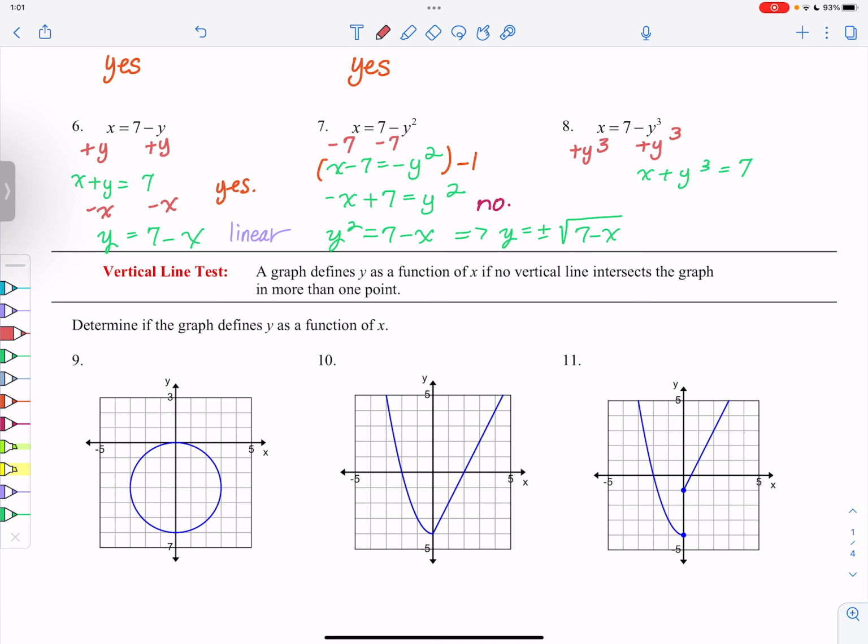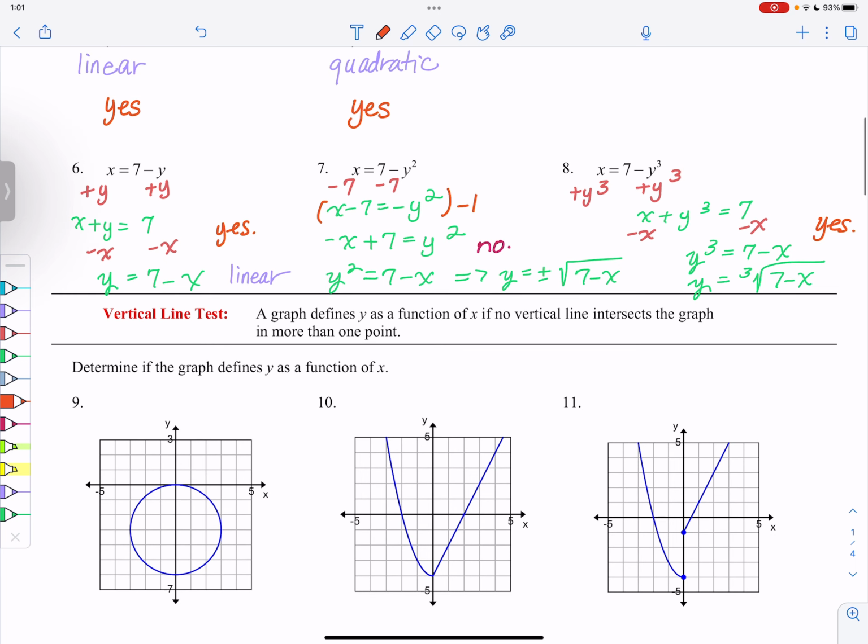And then we can subtract x. We'll have y cubed equals 7 minus x. So y is equal to the cube root of 7 minus x. So there is only one y value there for every x value. So this is a yes.